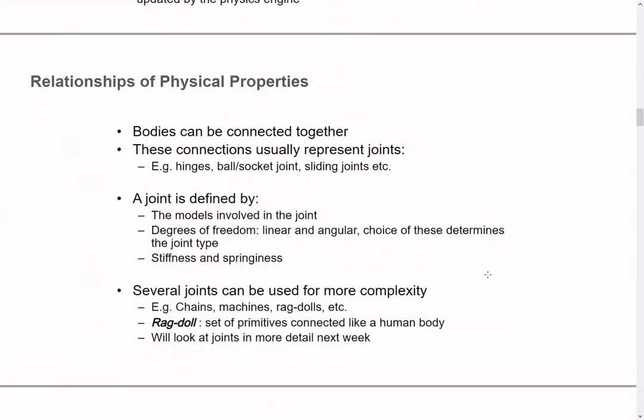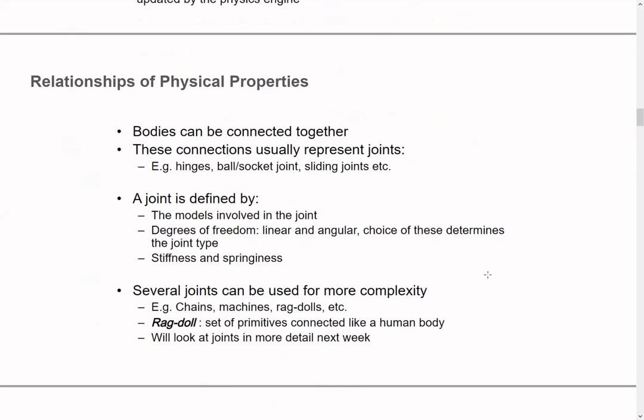Now let's look at the relationships of these physical properties which we discussed a minute ago. Using these, we can connect the bodies together to show what happens in the game engine. These connections usually represent joints.